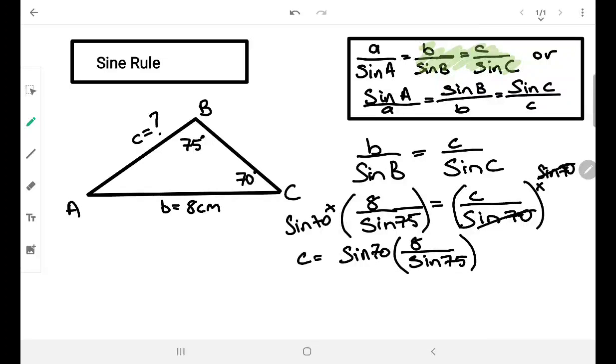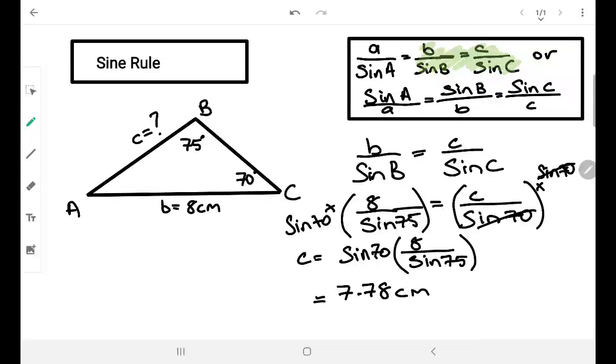So to minimize that calculation error, I like to use brackets. Once we put this into our calculator, our answer would be 7.78 centimeters. So that will be our answer.